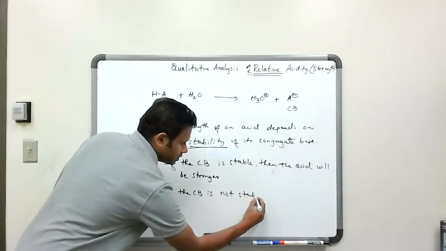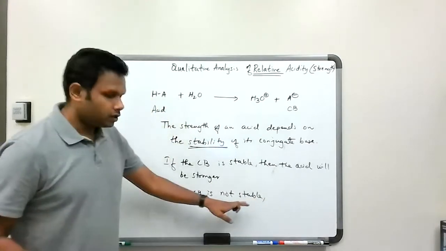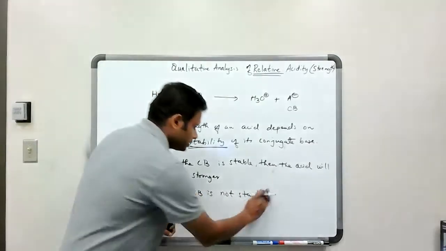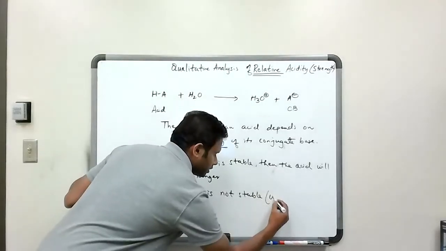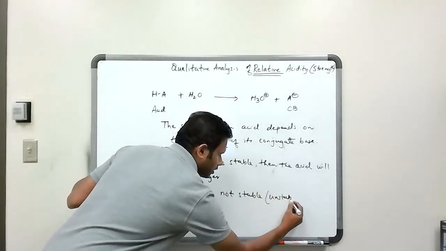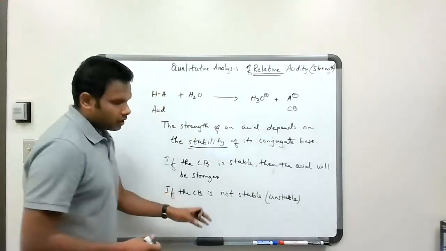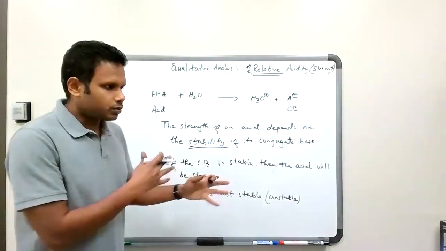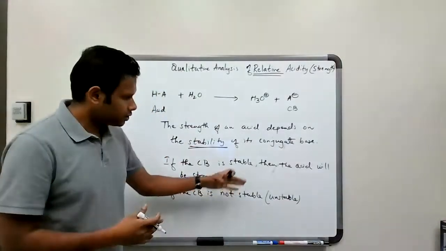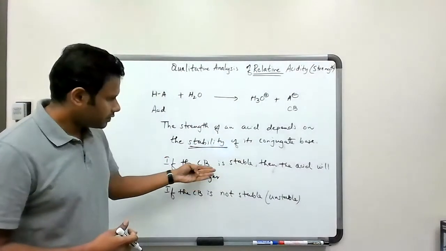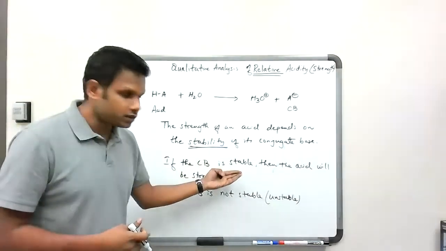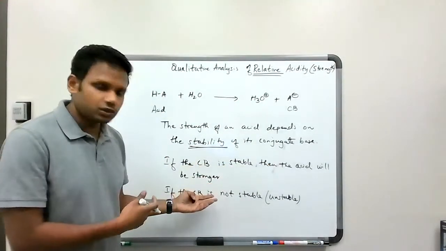Since we're talking about relative terms here, this should be read as: if the conjugate base is more stable, then the acid would be stronger.